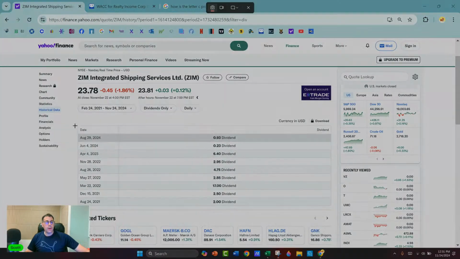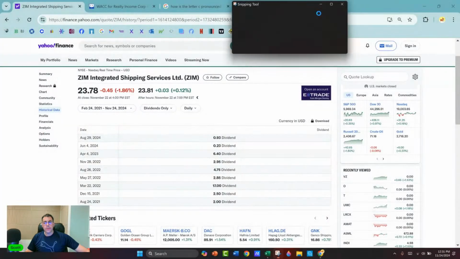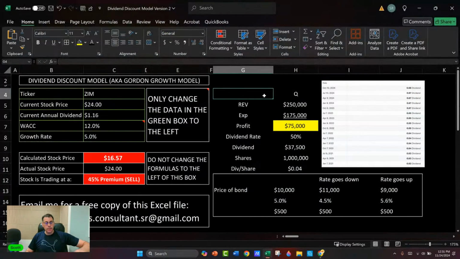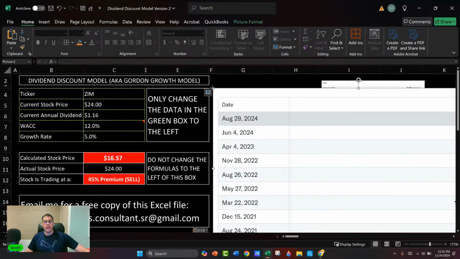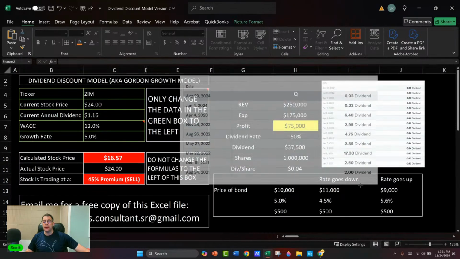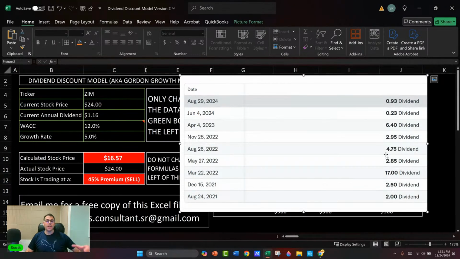So I would pull the dividends, what they actually paid, because what a company actually paid is good information. Because if they paid these dividends in the past, there is a chance they'll pay these dividends again.